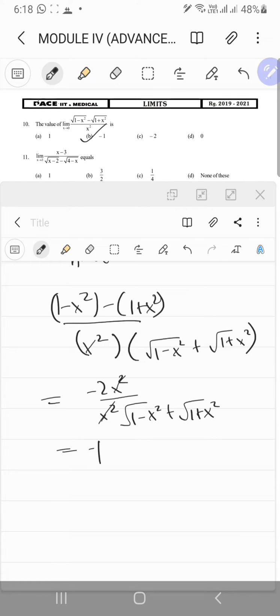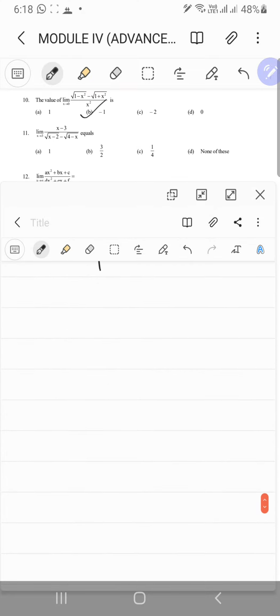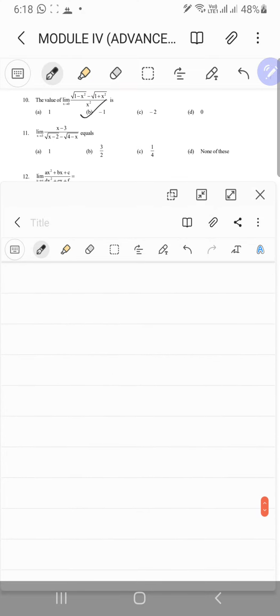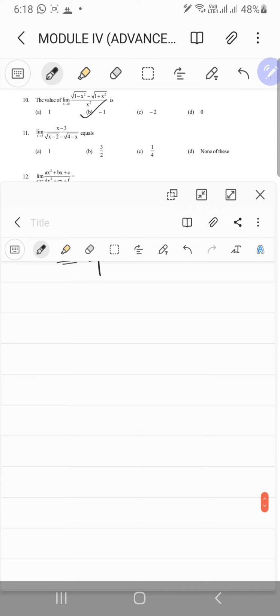Right. Next question. So the limit as x tends to 3 of x minus 3 upon square root of x minus 2 minus square root of 4 minus x, okay, equals, right? It's just rationalization once again. So it says x minus 3, subtract, right? So that should be 2x minus 6, okay?